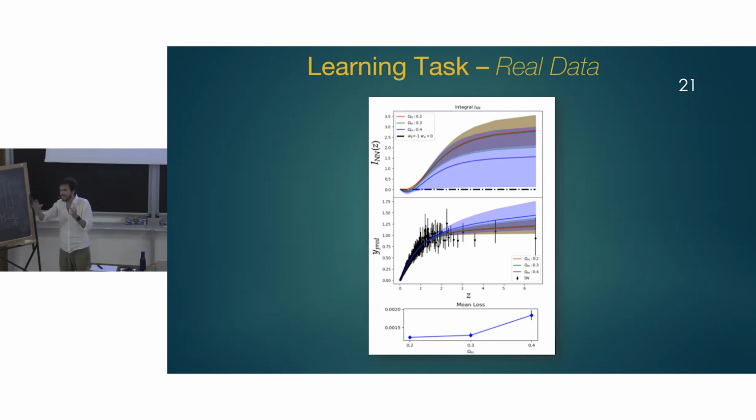Because if the real data are supposed to be very Lambda CDM data, then everything here is wrong. But when I say real data, the majority of the analysis, like the one I showed you at the very beginning, is done with supernovae. And supernovae, as I tried to show you using the functional derivative argument, always tell you that the data are Lambda CDM.